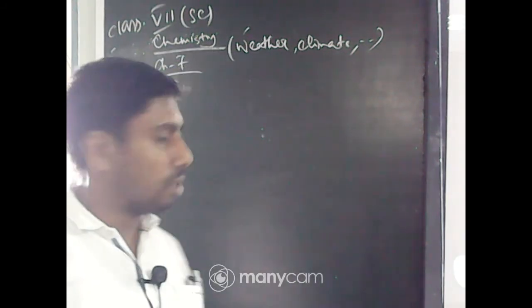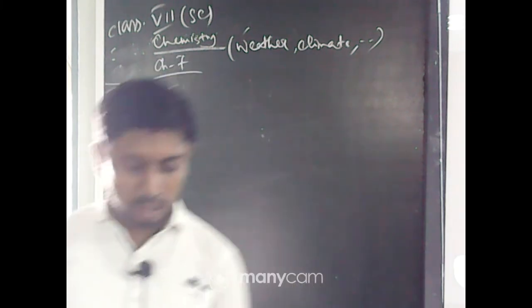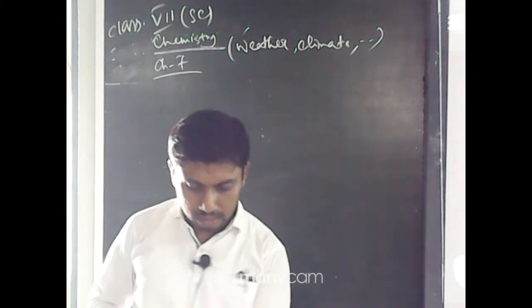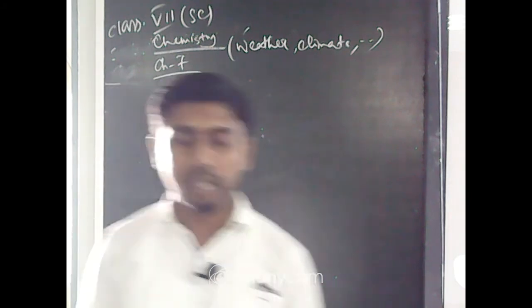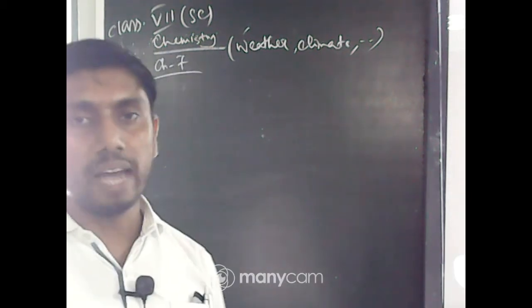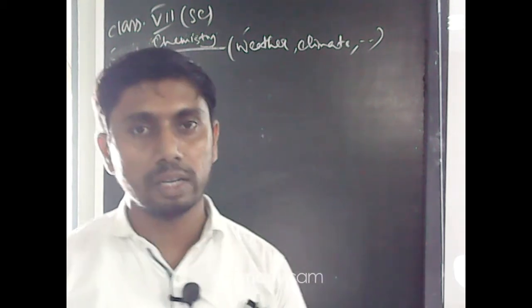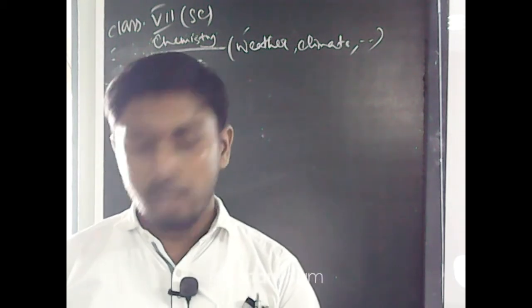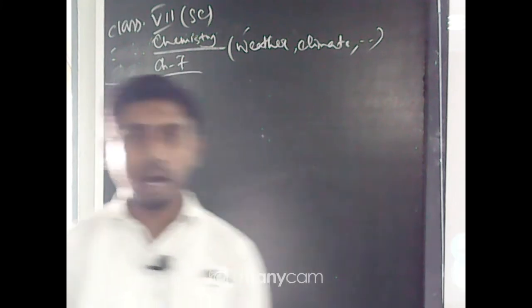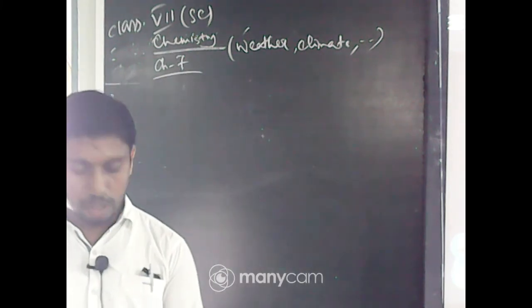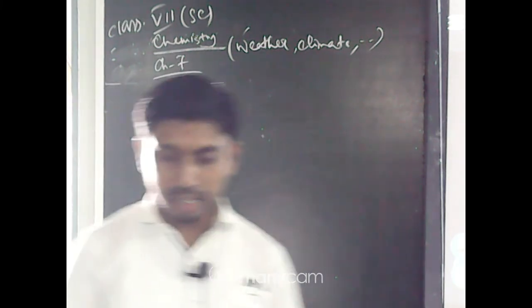Any confusion regarding the previous class, that is the definition of weather, how to calculate the average temperature of a week, and how the graph is drawn, which is on page number 70?